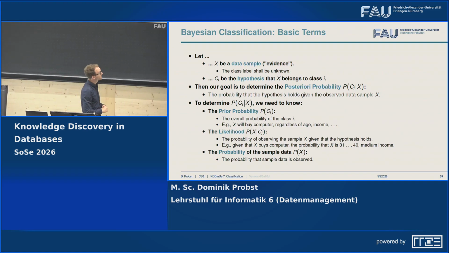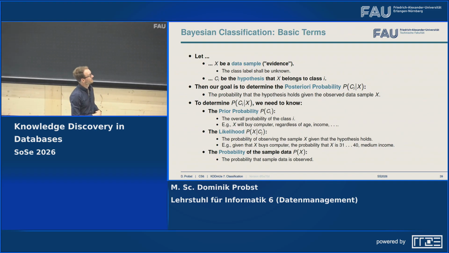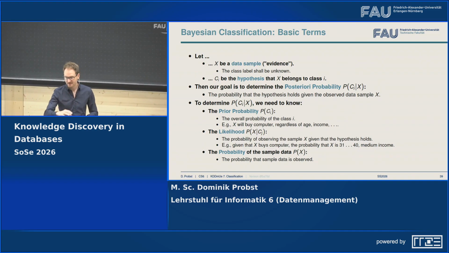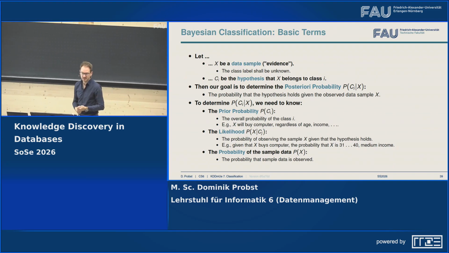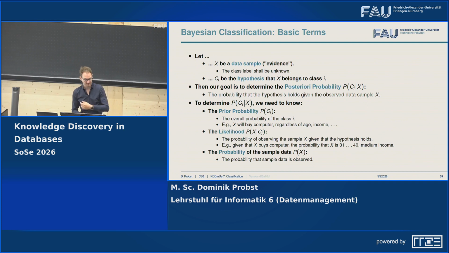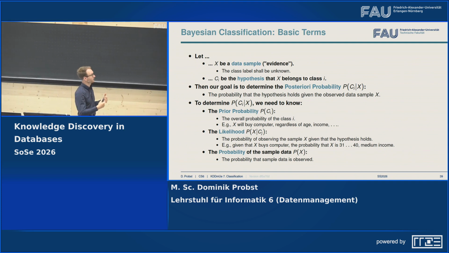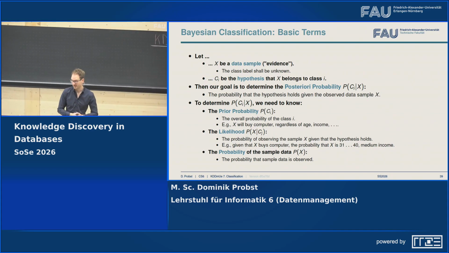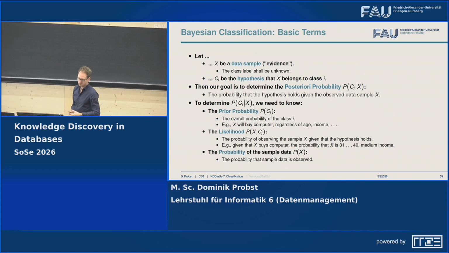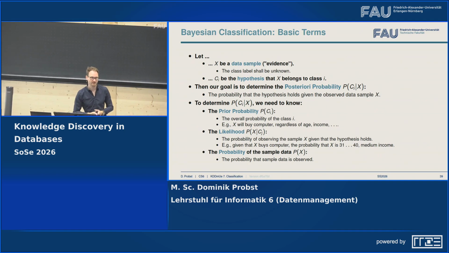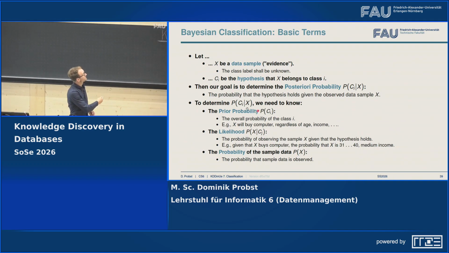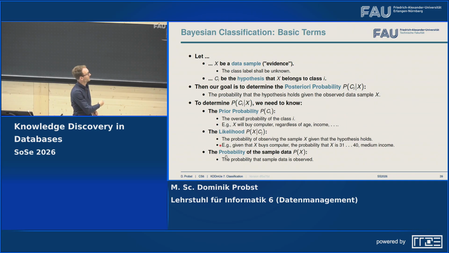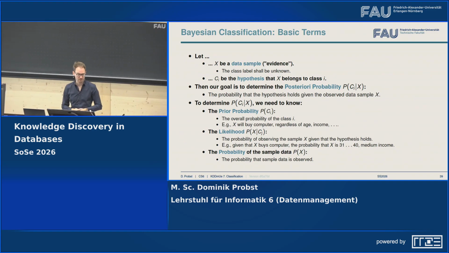So the likelihood is the probability that a sample X is within the class. And of course, the probability of a sample data, P of X. So how likely is it that we have this sample data we have at hand? That might sound complicated right now, but once we get to an example, again, I hope it gets easy. We have to calculate these three probabilities or likelihoods to then be able to do Bayesian classification.